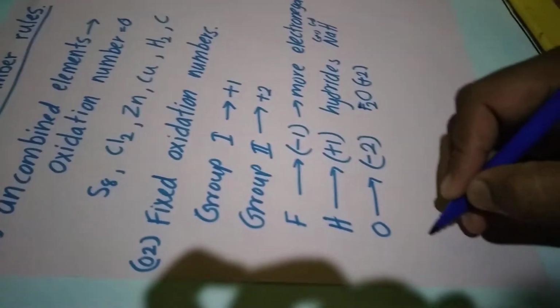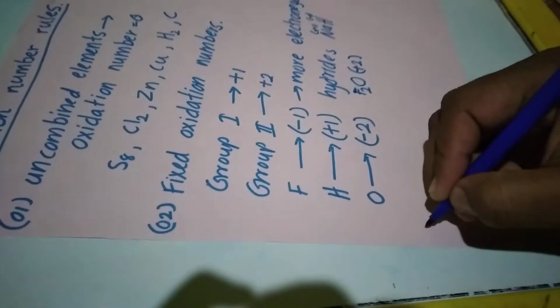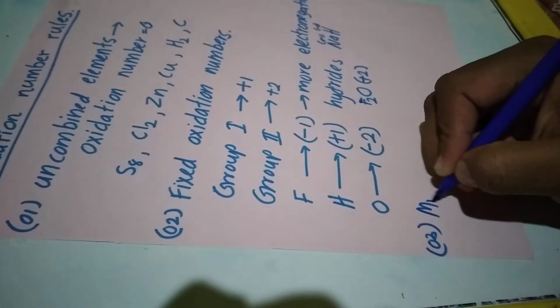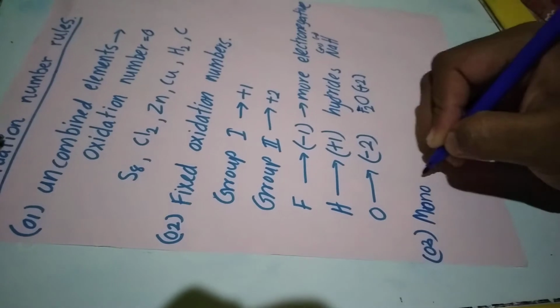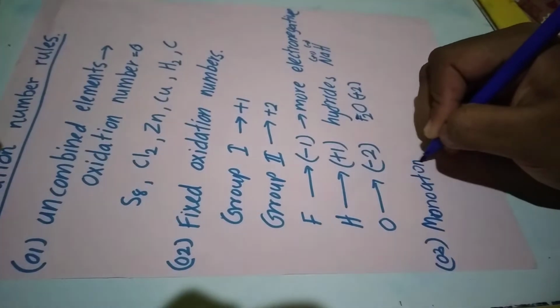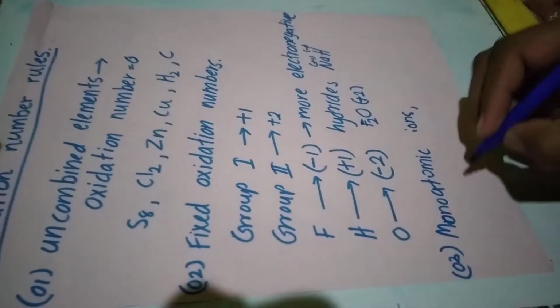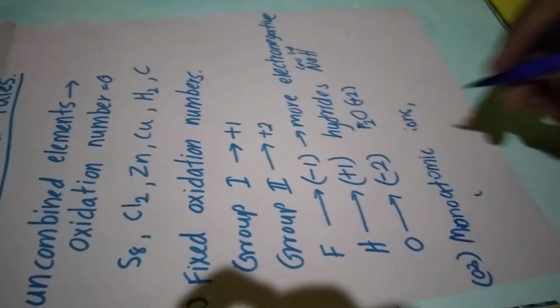The third rule is that for monoatomic ions, the charge is equal to the oxidation state.